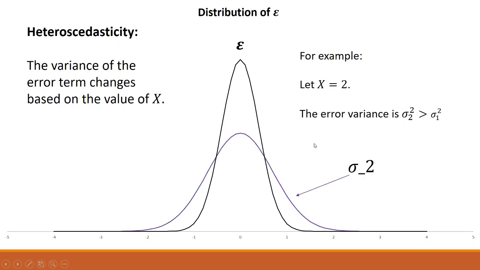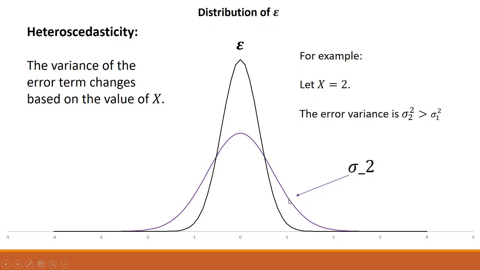But now when x equals 2, instead of being the same distribution with the same variance, we have a different distribution of epsilon with a different error variance, sigma squared 2.